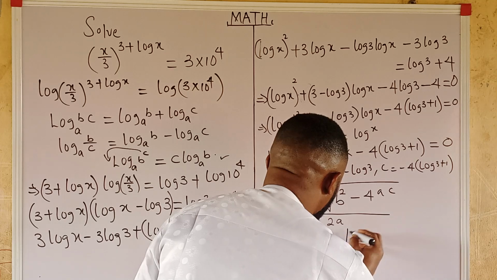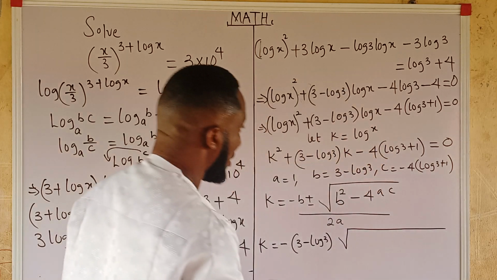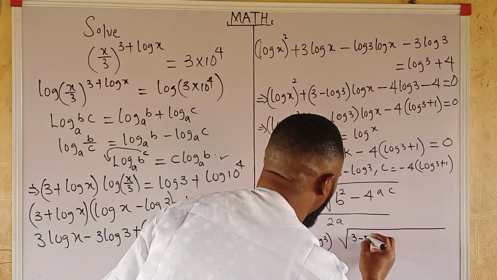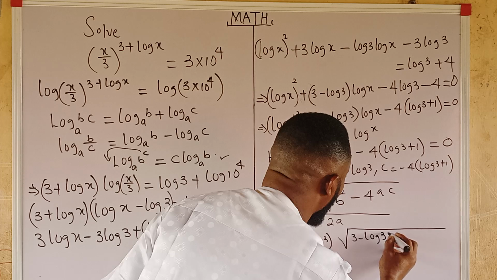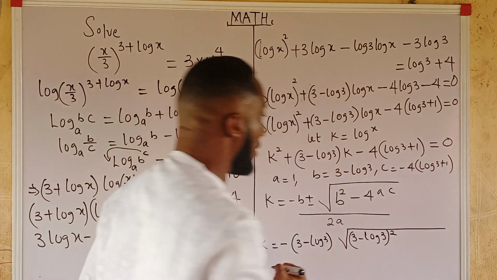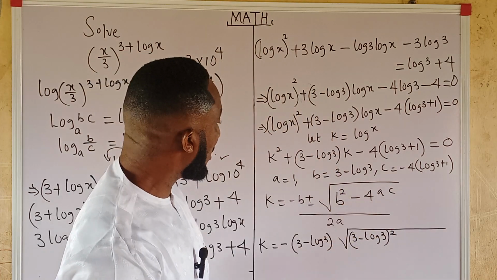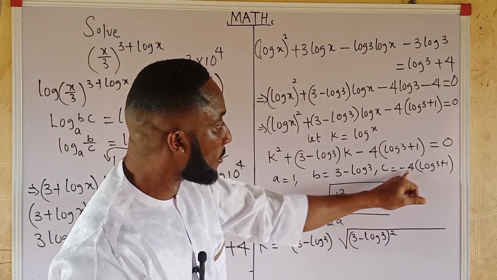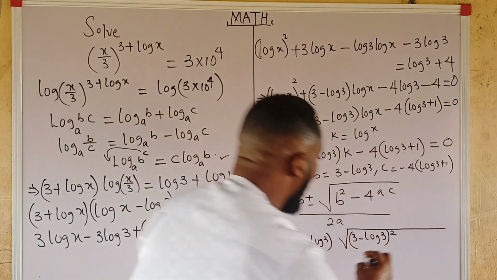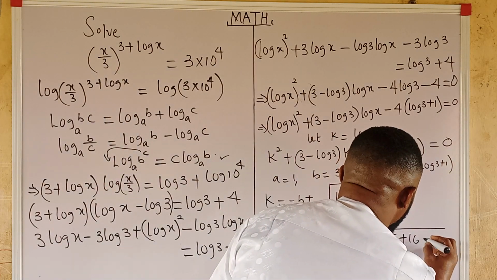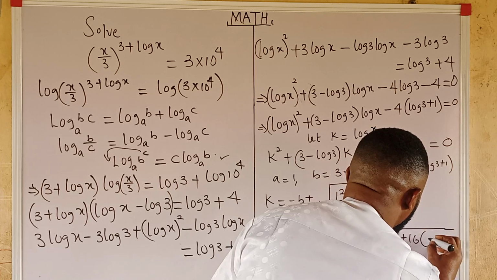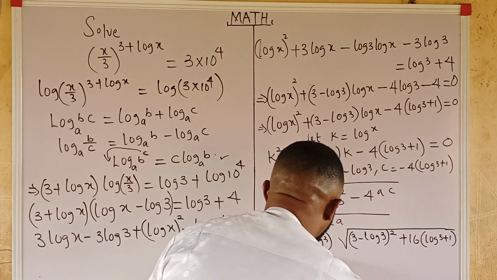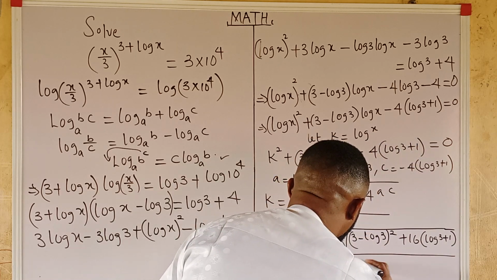I will draw a very big square root sign. Then I will take b and square it. That will be 3 minus log of 3 all squared minus 4ac. That will be minus 4 multiply 1 multiply minus 4 log 3 plus 1. That will be 16 multiply log 3 plus 1, okay, upon 2 multiply 1.